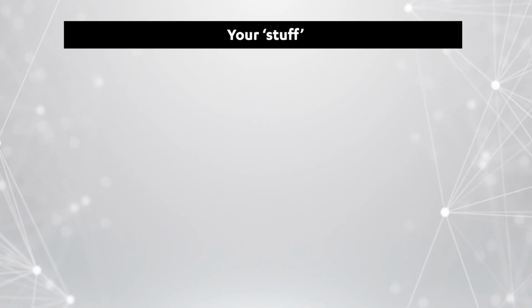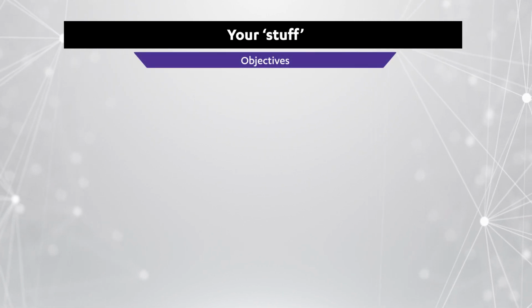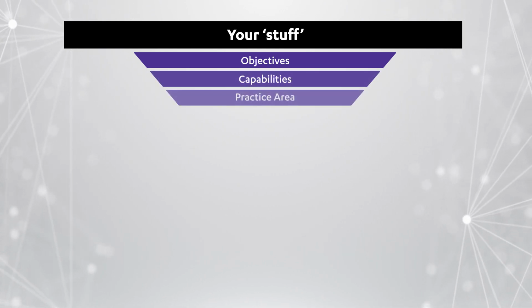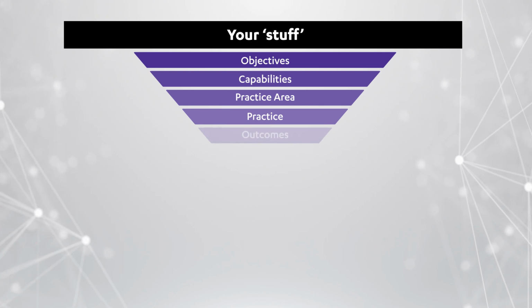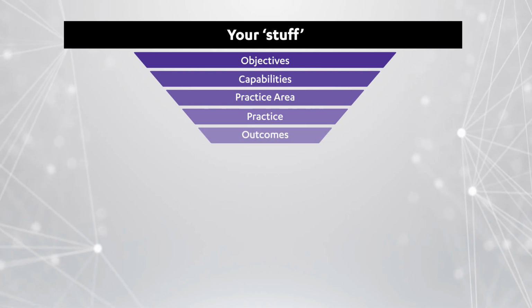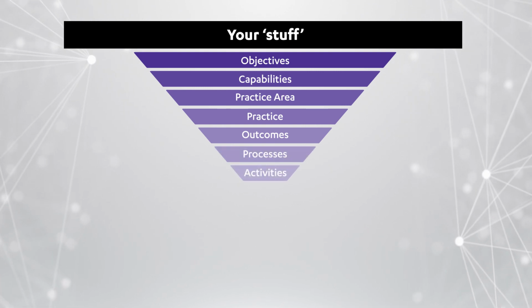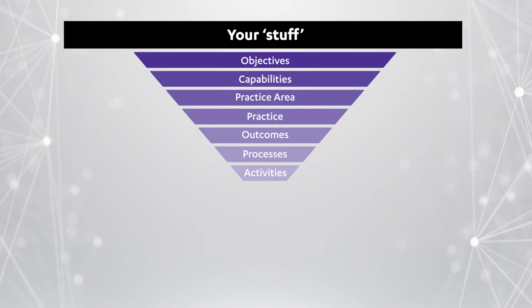So, overlays, of course, begin with all of your existing, and we call this your stuff. These can encompass any of a number of things: your organization's strategic and policy objectives, your organization's existing capabilities, your organization's practice disciplines, your organization's specific practices, how and what types of outcomes your organization is trying to achieve, and then the specific work processes, the activities, the procedures you use, and so forth in order to carry out your work, to deliver benefits to your stakeholders, and so on.